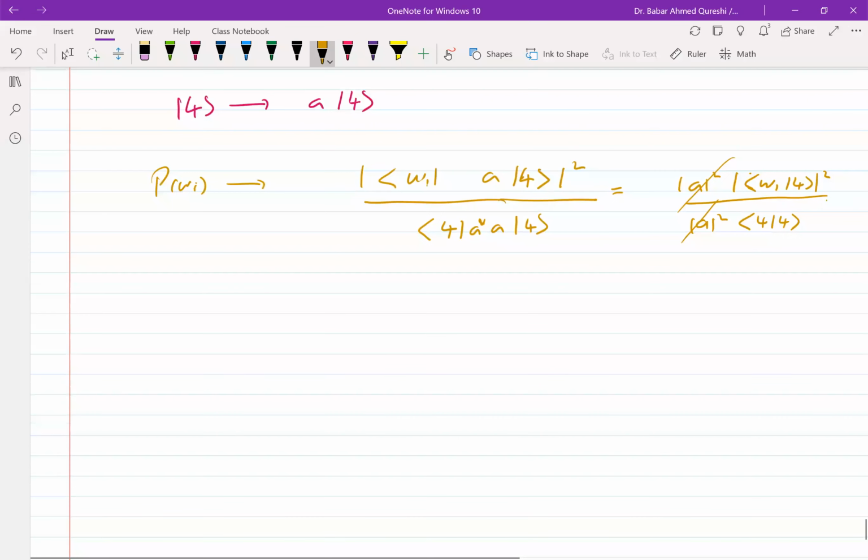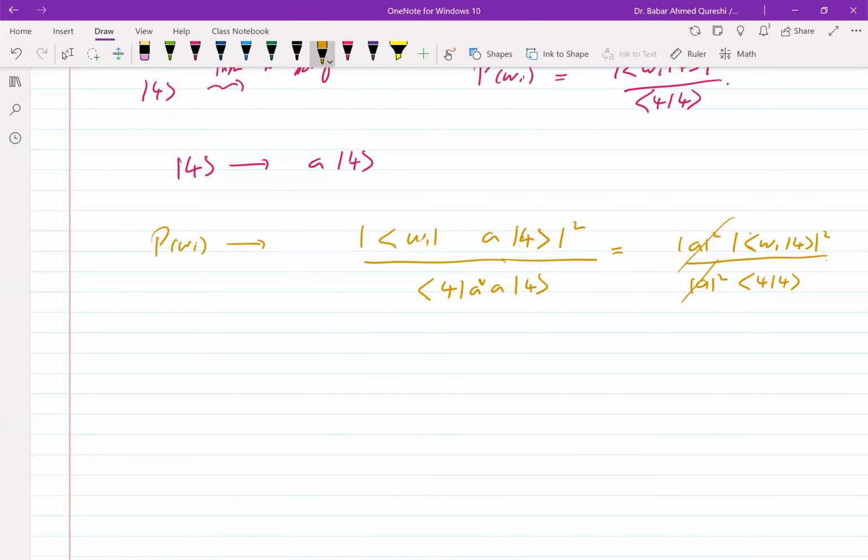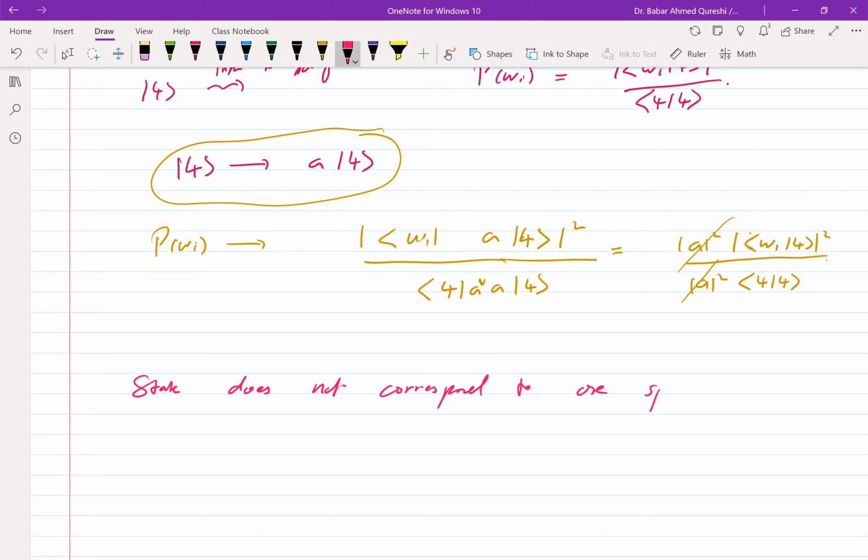So none of the predictions of the theory change if I scale by a number. That means the system, the state, does not correspond to one specific vector in Hilbert space, but rather a whole line.